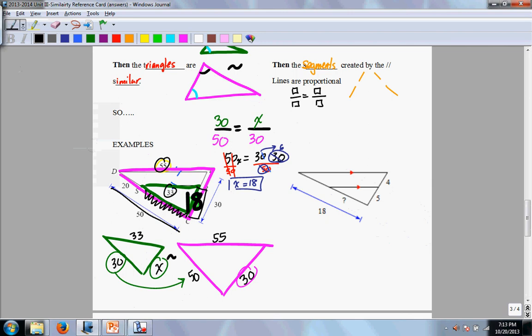Another way you can look at it is just having parallel lines. When you work with parallel lines, you always want to stretch those parallel lines out. So on the right, we're just going to stretch the parallel lines out. I'm just going to add one more parallel line so it's easy to visualize.